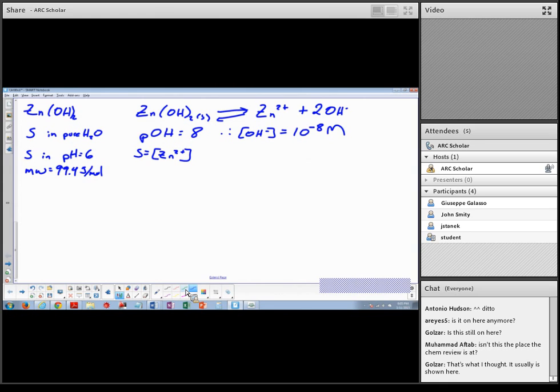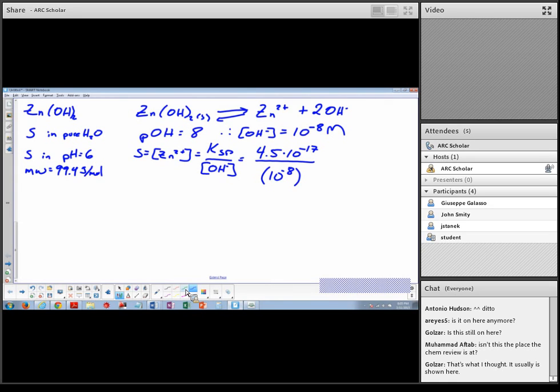So here, if we plug this all in, that's going to be equal to KSP over OH minus, just rearranging that equation. And so we had, again, 4.5 times 10 to the minus 17 over concentration of hydroxide.